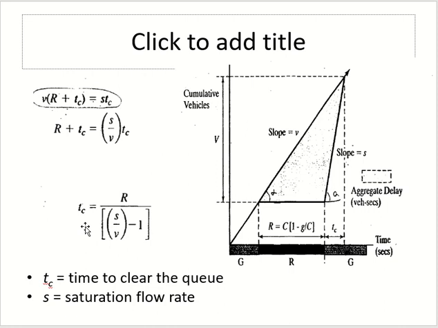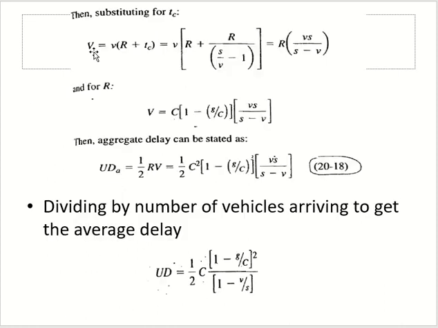I want to find out V, how many vehicles are in the queue, right? V equals V into R plus TC. I have an equation for TC, so I will put that equation in, so V equals this.